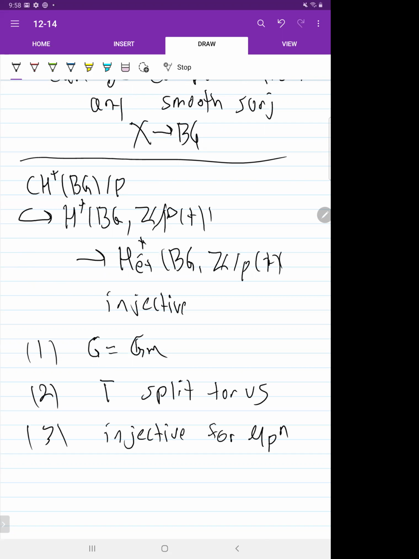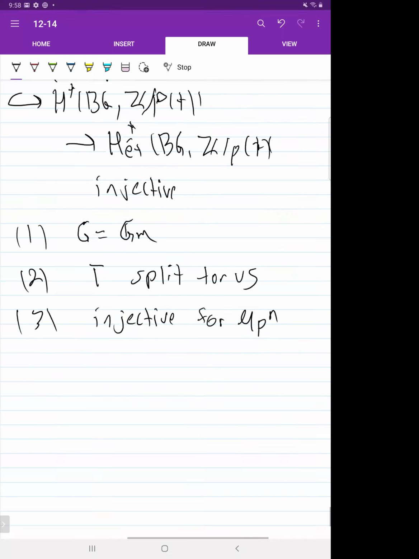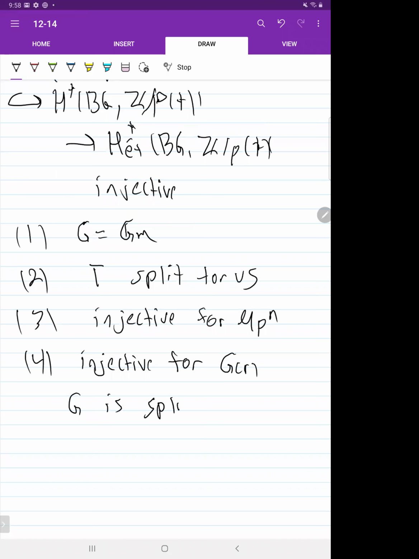And then from there I can show that it's injective for the Frobenius kernel, where G is split reductive with p a non-torsion prime for G.